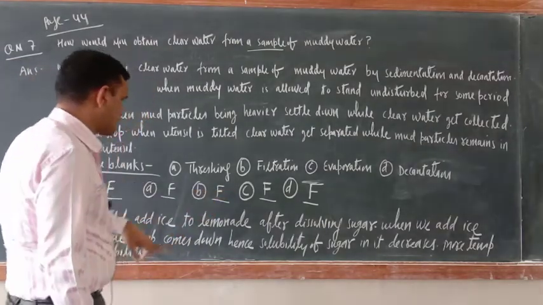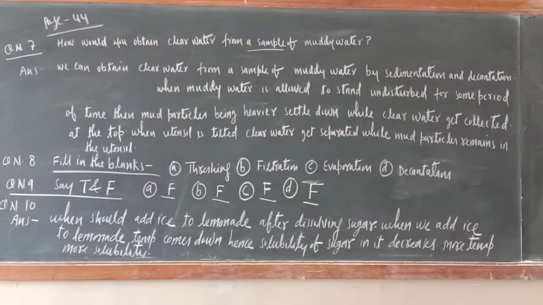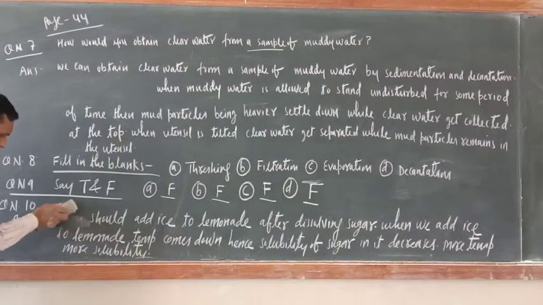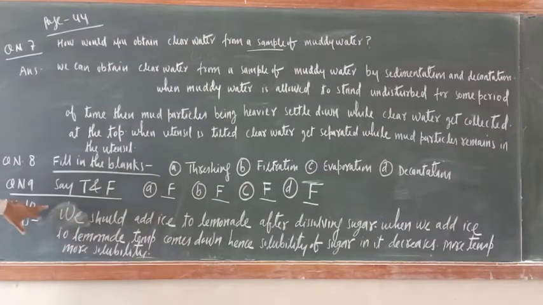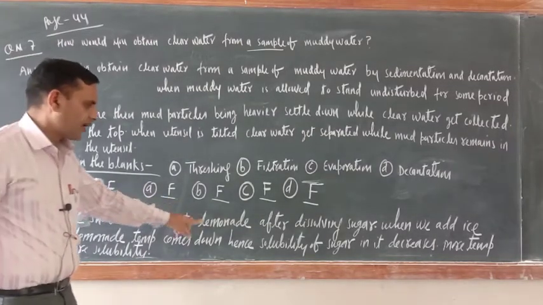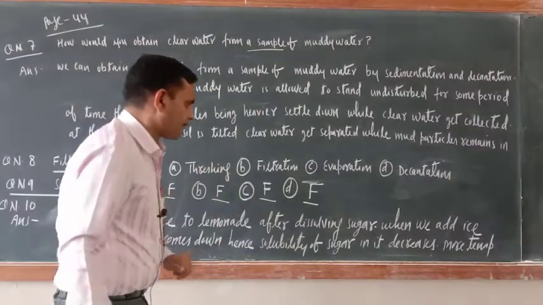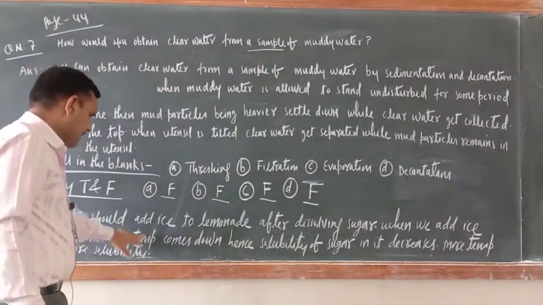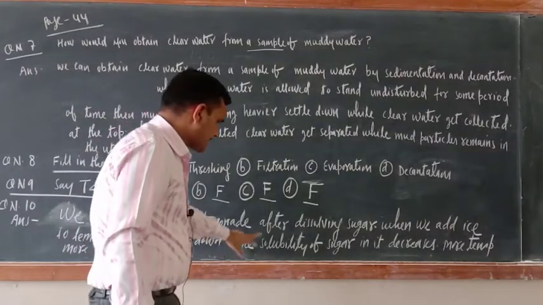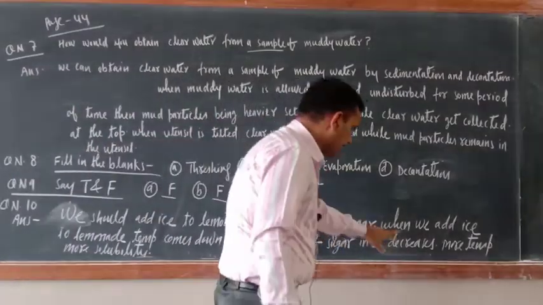After dissolving sugar. For B, just see, I did not write the question here. Here you just write B should. I will show you the question, don't worry. B should add ice to lemonade after dissolving sugar. When we add ice to lemonade, temperature comes down, hence solubility of sugar in it decreases.